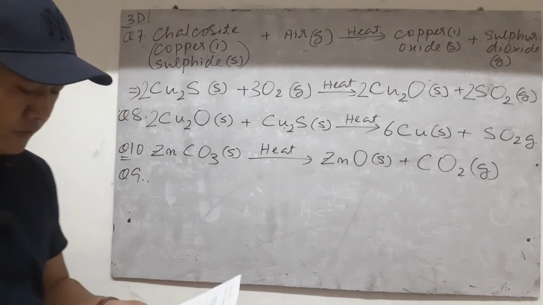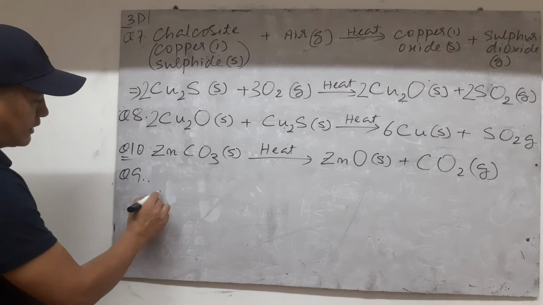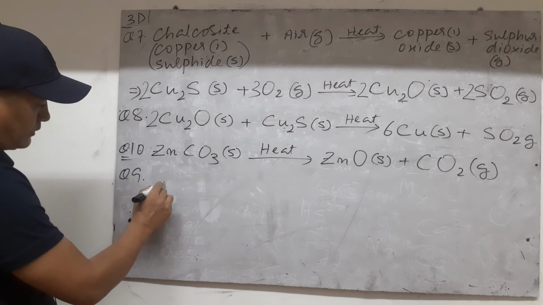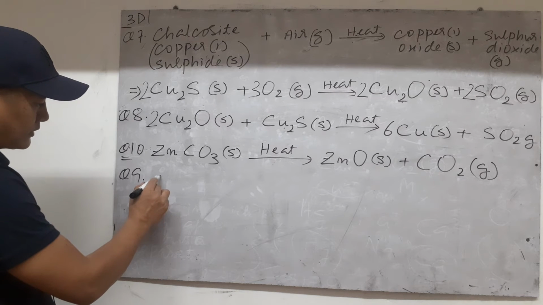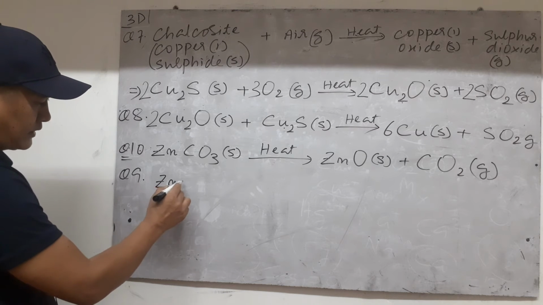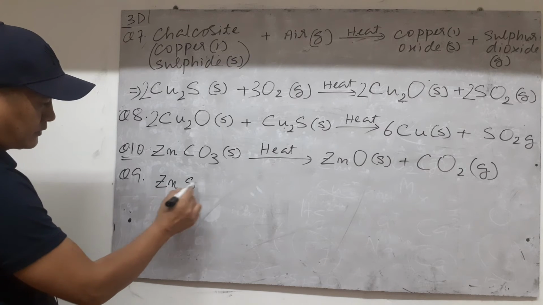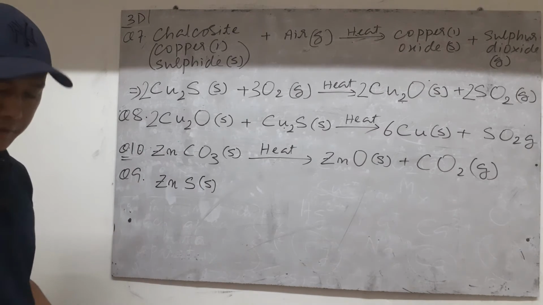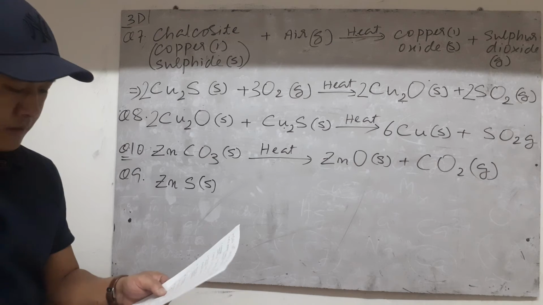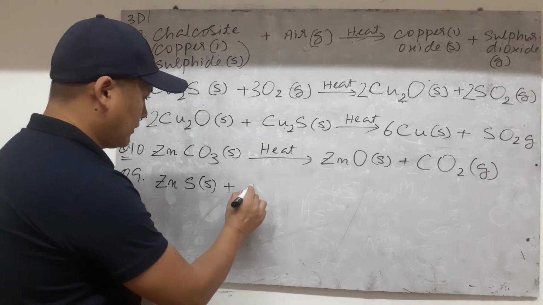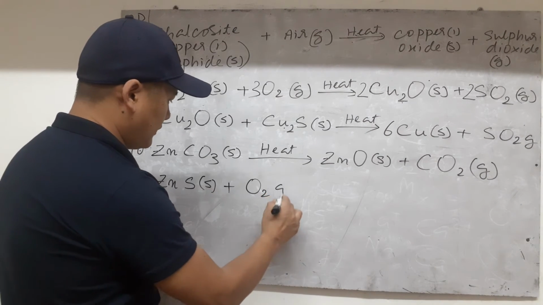Roasting. Zinc blend or zinc sulfide. So zinc sulfide is Zn2 plus zinc ion, sulfide is S2 minus, 2 cancel. So this is the one. Zinc blend or zinc sulfide. Question number 9, heating in air. So air is oxygen, which is the gas.